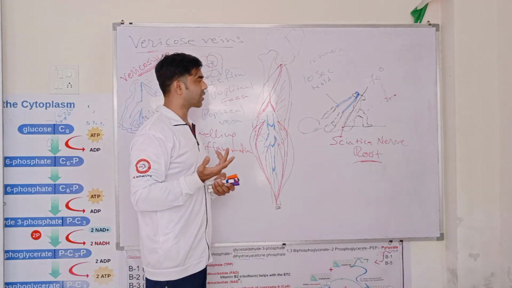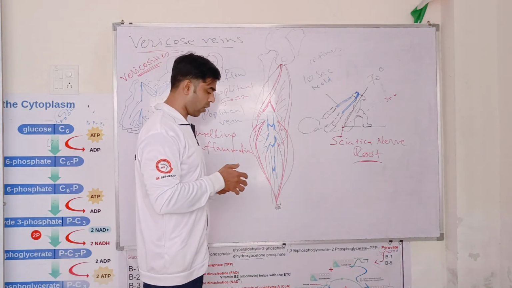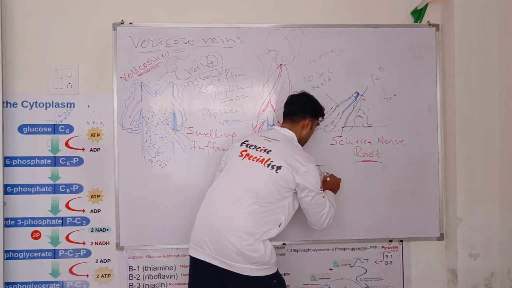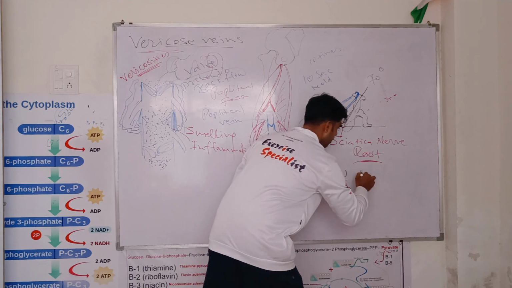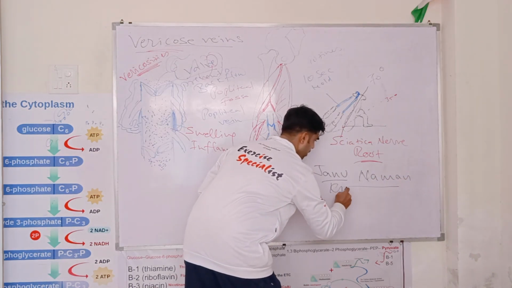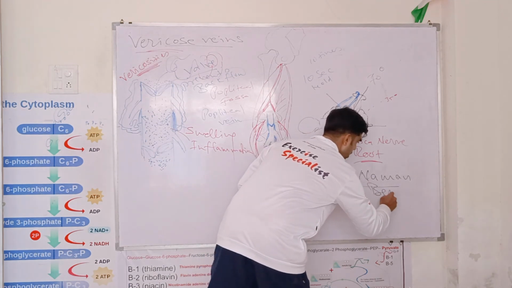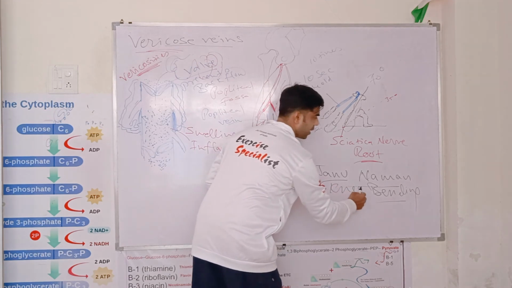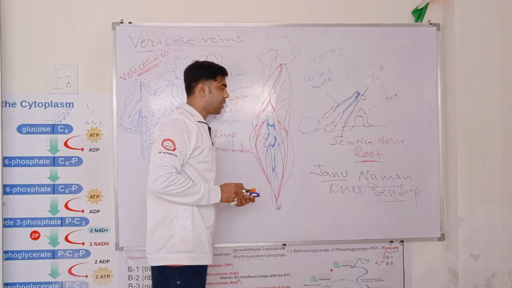So one asana you can add there is called Janu Naman, knee bending. Janu means knee, Naman means bending, right?